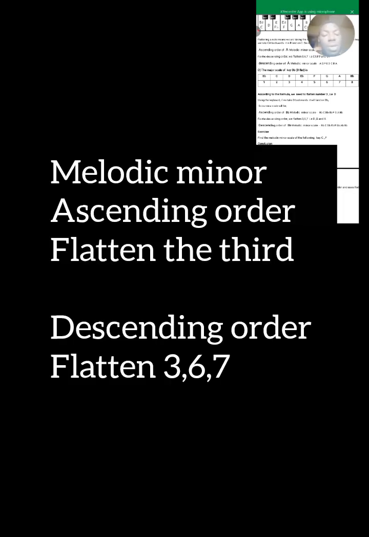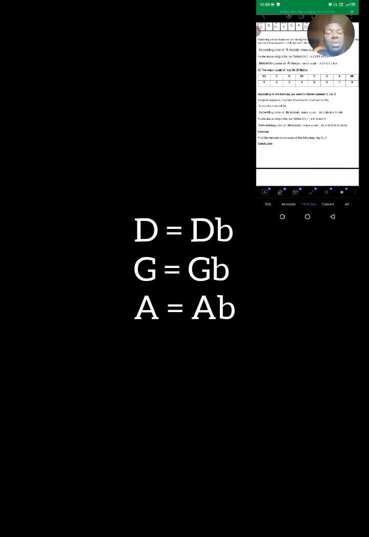For the descending order, we have to flatten number 3, number 6, and number 7, and then we write the notes backwards. Is it not? So our D will turn to D flat, our G will turn to G flat, and our A will turn to A flat.